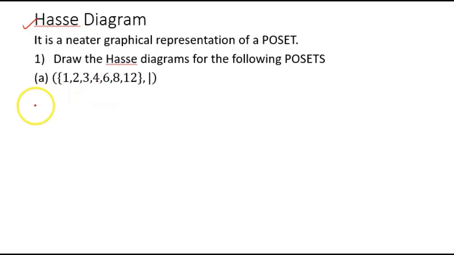What it basically is, is just a neater graphical representation, right? Neater means it is not clumsy, not bulky, it does not have a lot of things in it. So when you see it, it looks visually appealing, aesthetically beautiful. That is the point related to the Hasse diagram.